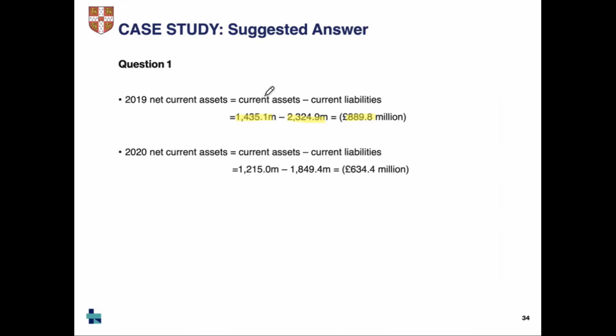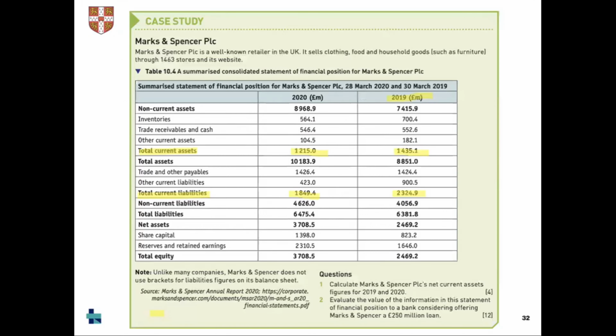It's a big company. You look at its balance sheet, its total assets. Its total assets is in billions of pounds, 8 billion for 2019. For 2020, 10 billion. However, it owes more people than it has in current liabilities.